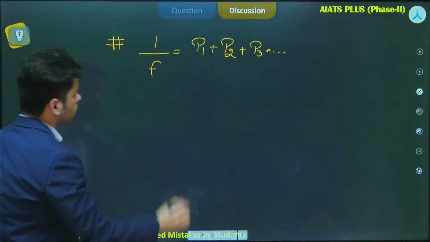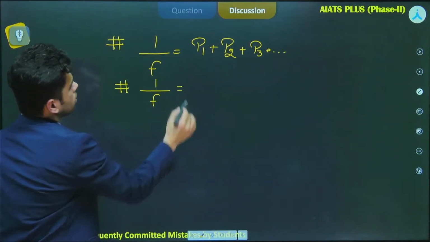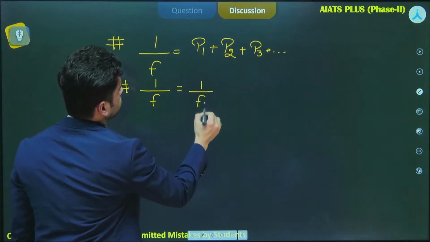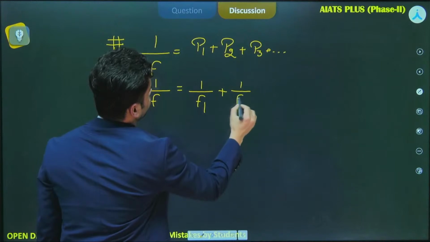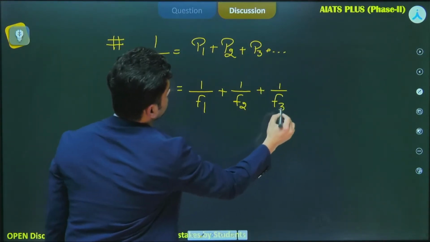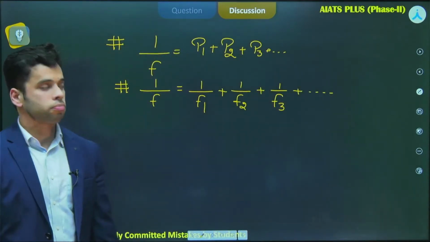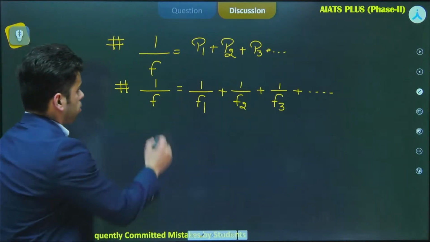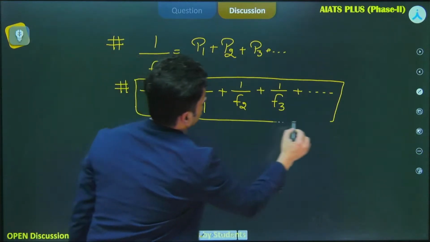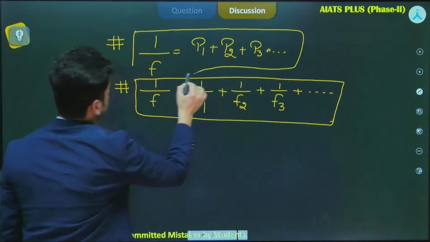This equation can also be modified as 1 over F. In place of P1, I can write 1 over F1 plus 1 over F2 plus 1 over F3 and so on. So these are the simple concepts that you need to keep in mind if you are dealing with the combination of thin lenses in contact.